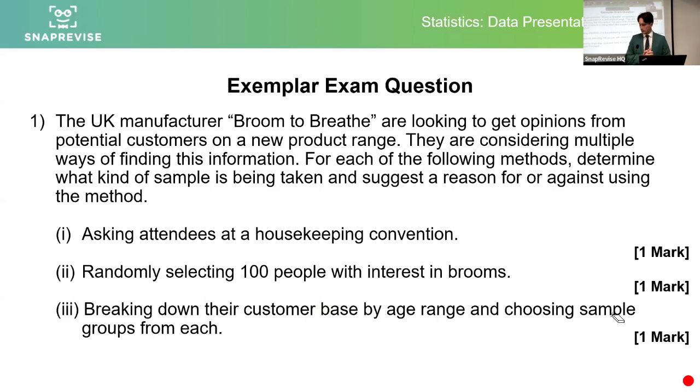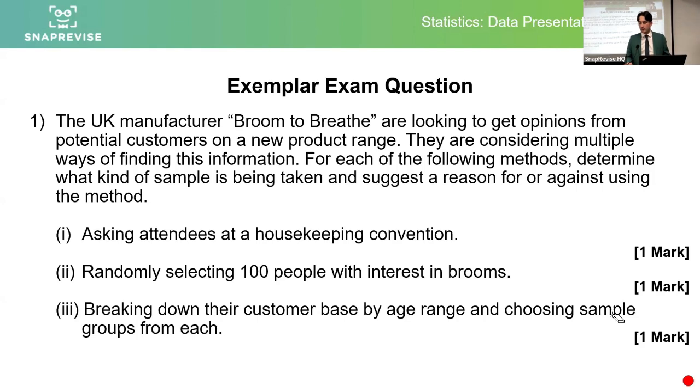So let's have a little look at this example here. We'll talk this through together, and I'll give you a minute to have a little think. So the UK manufacturer, Broom to Breathe, are looking to get opinions from potential customers of a new product range. So they're considering multiple ways of finding the information.